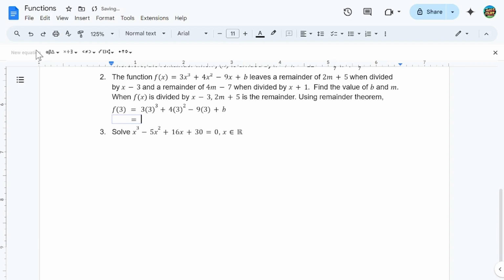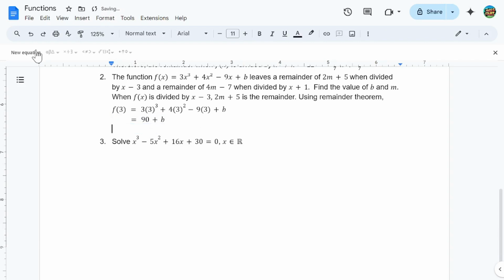Which gives you 90 plus b. So same principle as number 1, 90 plus b gives you 2m plus 5. And this will be our equation number 1.